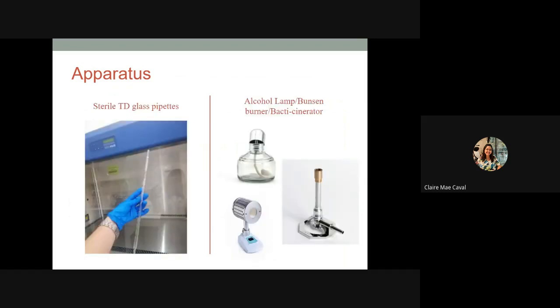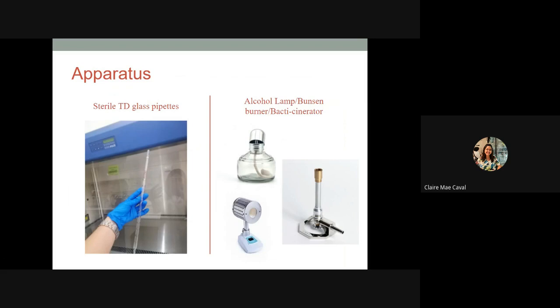Next, we need sterile to-deliver glass pipettes. So this time, your ability or skill in pipetting will really be tested. So we need sterile to-deliver glass pipettes and an alcohol lamp or Bunsen burner and bacticinerator. These are optional. We need a bacticinerator especially if we already process inside the biosafety cabinet.